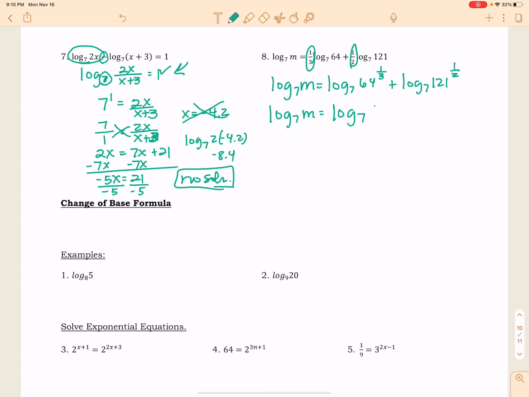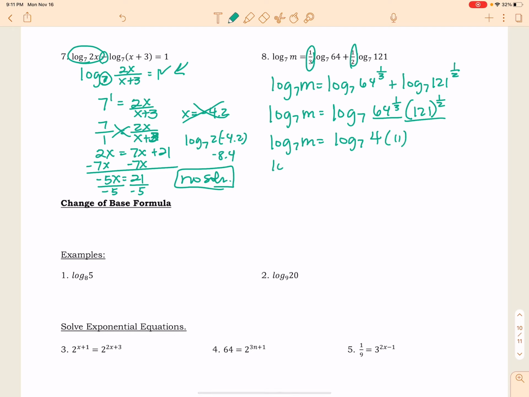I've got log base 7 of 64 to the 1/3 times 121 to the 1/2. So I'm going to go ahead and simplify these. The cube root of 64 is going to be 4 because 4 times 4 times 4 is 64. And the square root of 121, of course, is 11.